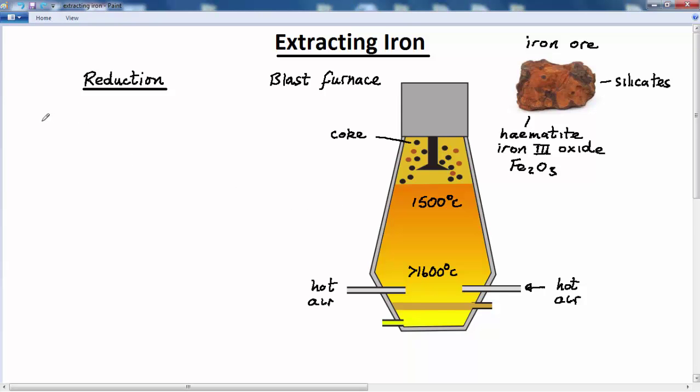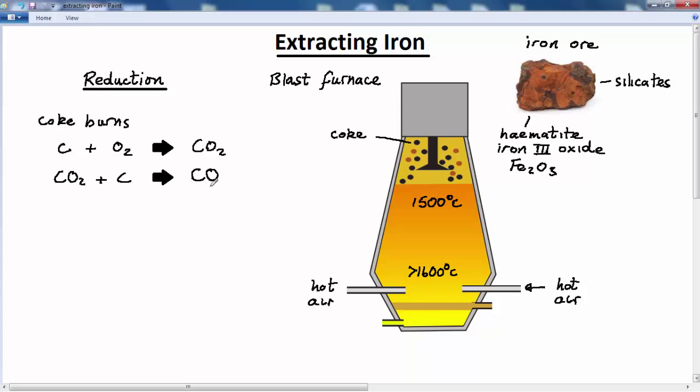So the first step is the coke burns. That means carbon reacts with oxygen to produce carbon dioxide, and then the carbon dioxide reacts in turn again with unburnt coke or carbon to produce carbon monoxide.